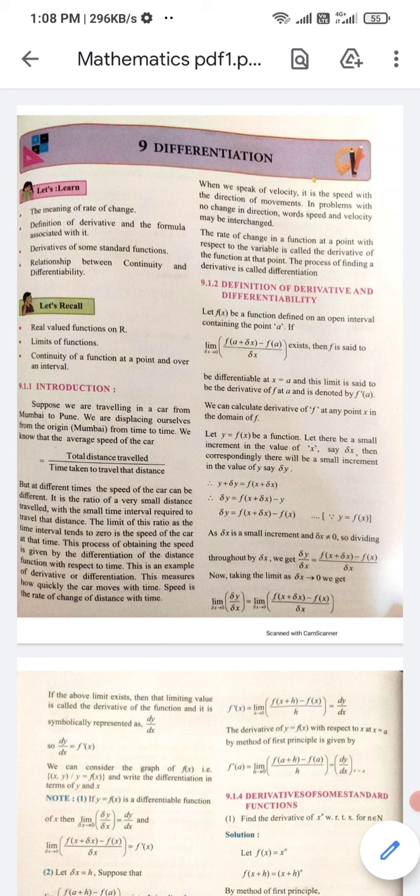If the limit of this ratio as time interval tends to 0, that we have studied in limit. What is the meaning of tends? That is we have to show by the arrow. Is the speed of the car at that time.